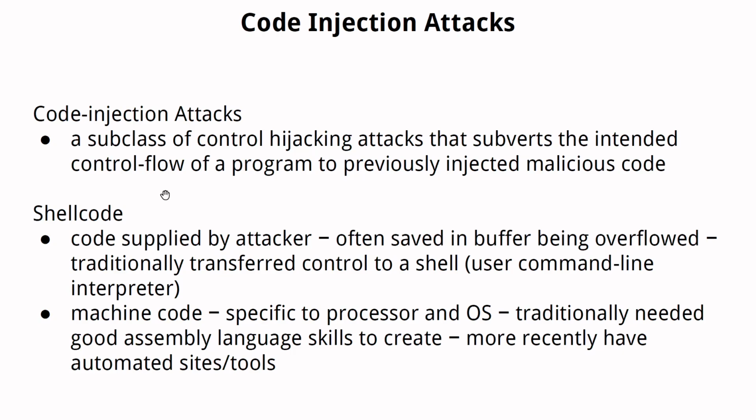The requirement here is you need to inject your malicious code into the address space. And usually the malicious code we inject, we call it shellcode. The shellcode can be supplied by attackers, and it's just machine code. It's raw bytes that the CPU can interpret as instructions directly.